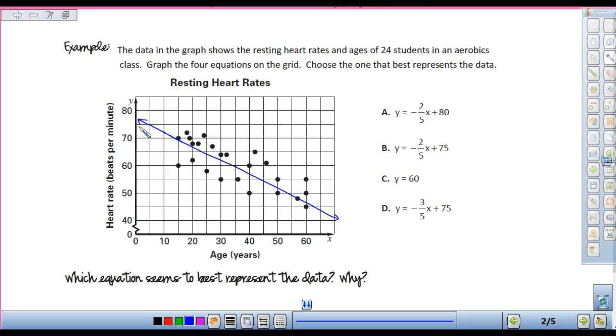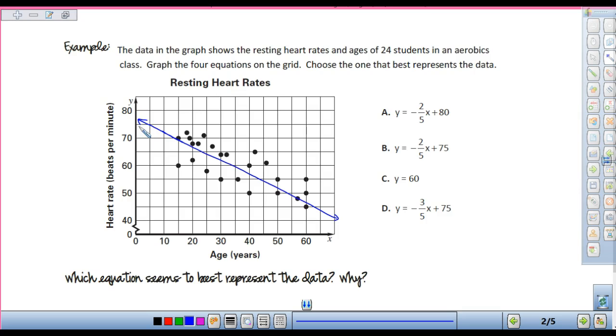Okay, so if I'm looking at my line of best fit, and I'm trying to figure out which line it goes with, first of all, choose one that best represents the data.